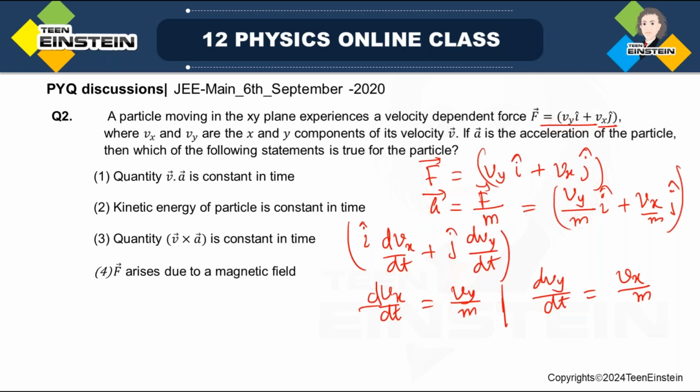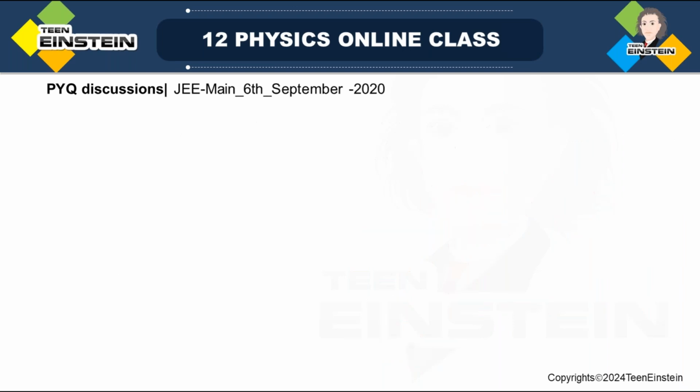Okay, now from here, if I do one thing, if I just take the ratio, I'll take dvy by dt divided by dvx by dt.